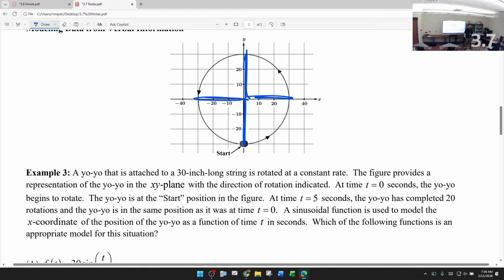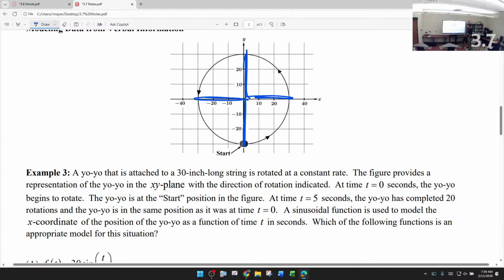So the radius of this circle is 30. Diameter is 60. I don't think I need that. The figure provides a representation of a yo-yo in the xy plane with the direction of the rotation indicated. At time equals 0 seconds, the yo-yo begins to rotate. The yo-yo is at the start position in the figure.